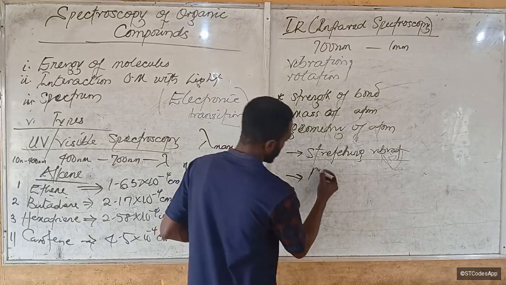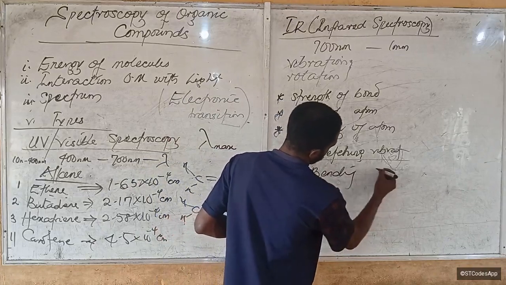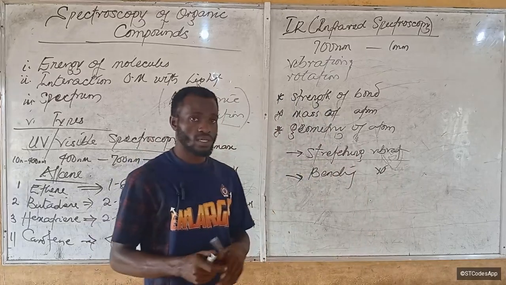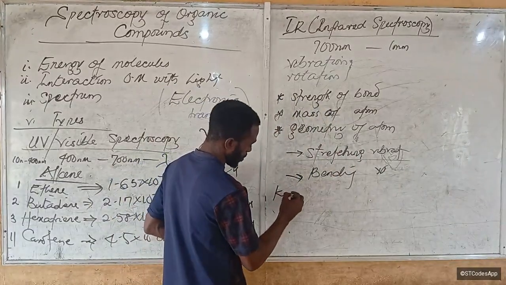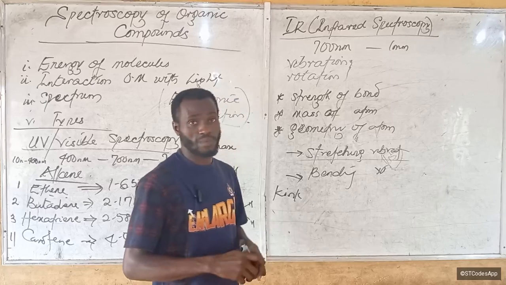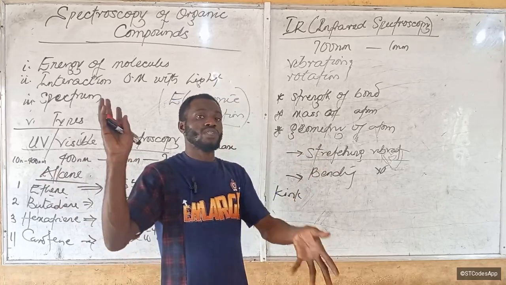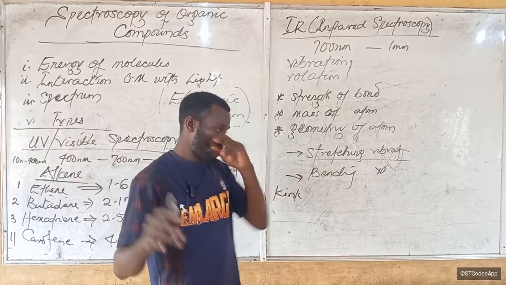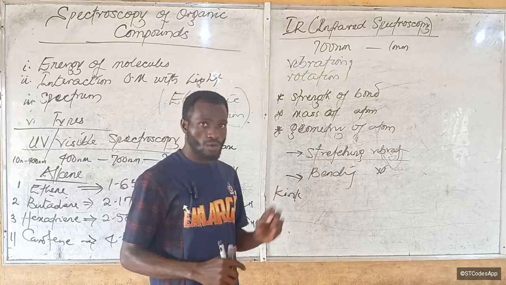Then the bending vibration is just the kink that you see in the molecule. Keeping in mind the VSEPR theorem, it's going to distort the VSEPR orientation of the molecule.